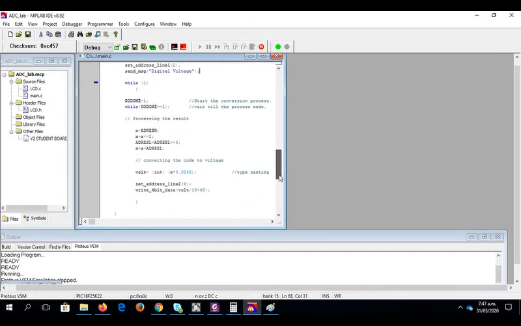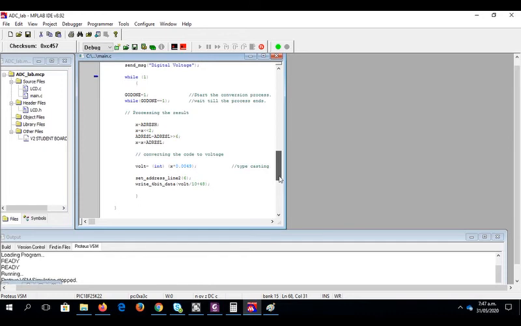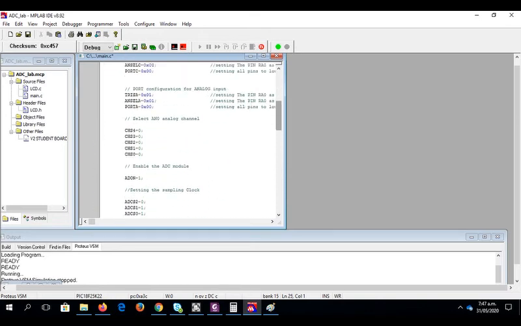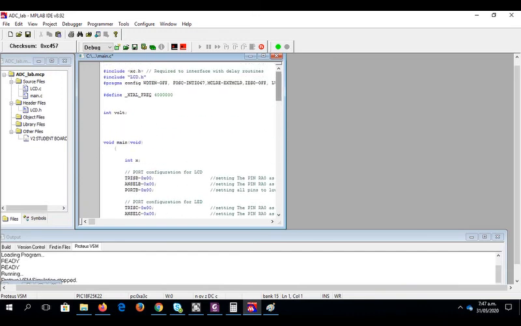So what I want a voltage. So let's say I want to declare, I want to show 2-digit. Okay, so unsigned integer characters are tens and unit.